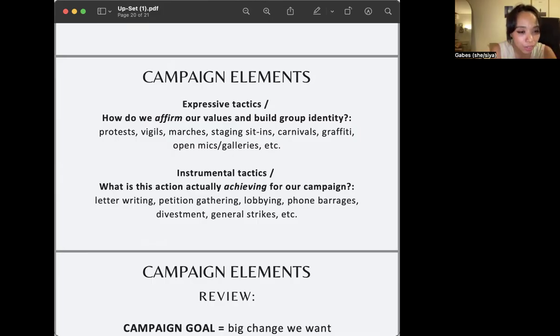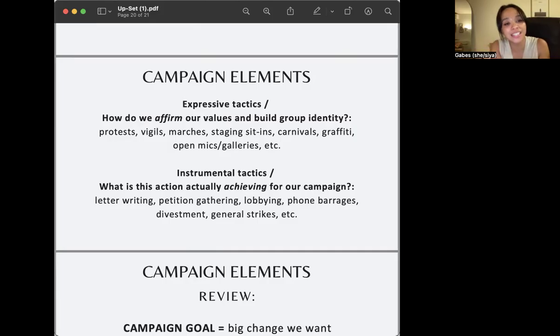So an expressive tactic can also be transformed into an instrumental one. One example: let's say you do an open mic of music and poetry by climate survivors. And towards the end of the open mic, a member of your group does a brief teach-in on the existing efforts to further climate litigations and reparations.